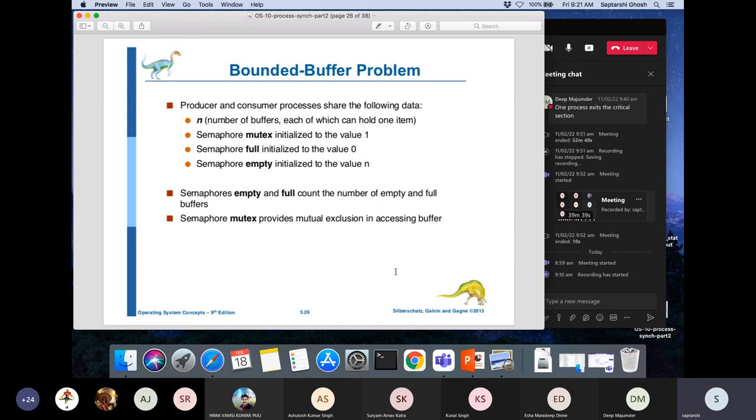So when I say simultaneously, understand the abstraction: if the producer has started doing something with the buffer, then even if it gets swapped out of the CPU, we do not want the consumer to update the buffer right now, because maybe the producer has not completed updating the buffer yet. I'll continue saying simultaneously, but keep that abstraction in mind.